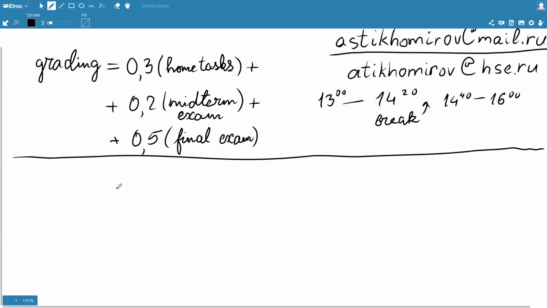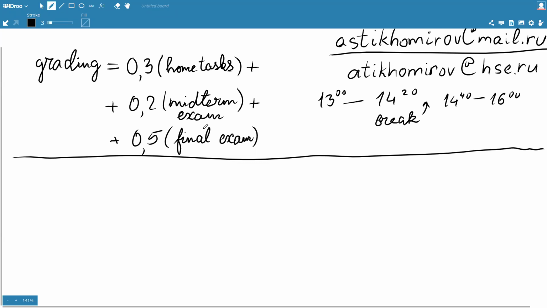So if time permits, we will do the maximal program. But usually we don't cover all the topics. And anyway, all the home tasks and final exam and midterm exam include only those topics which are discussed on lessons, okay? So no more than you will hear on lessons will be included into your home tasks and exams.